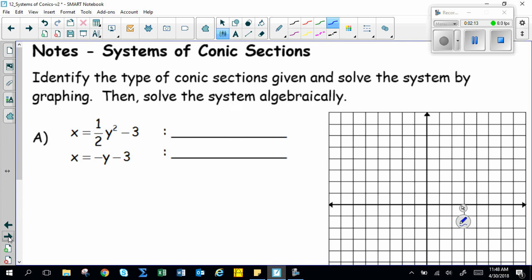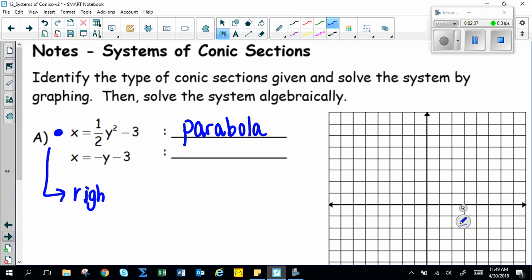So let's look at this very first system. And the first equation in this system is what kind of a conic? It's a parabola. What are some of the key characteristics of this parabola? It opens to the right.